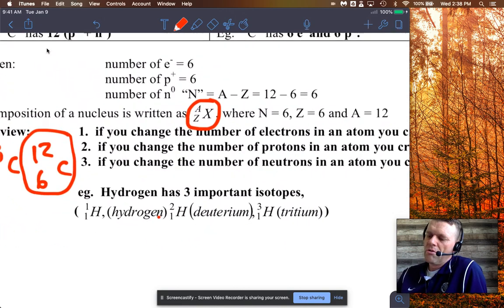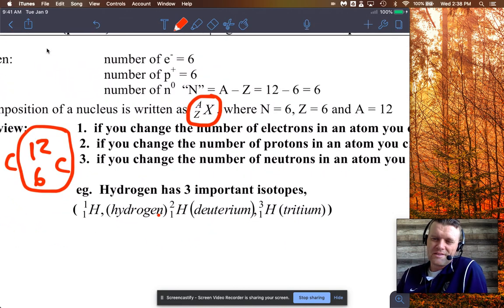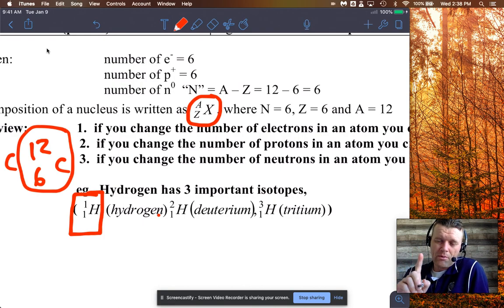So you should know these right here. Hydrogen is the simplest atom on the periodic table, the simplest element. It has 3 isotopes. The first one is just what we know as hydrogen, and we write it as 1,1H. The reason is that the simplest hydrogen is just 1 proton and 1 electron, no neutrons.